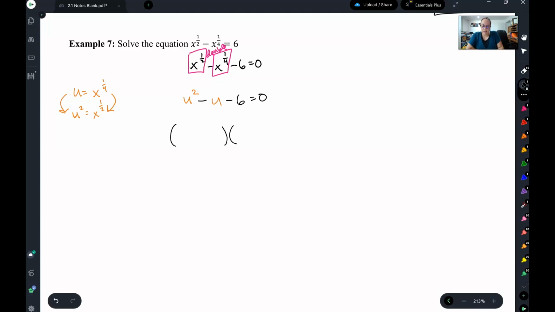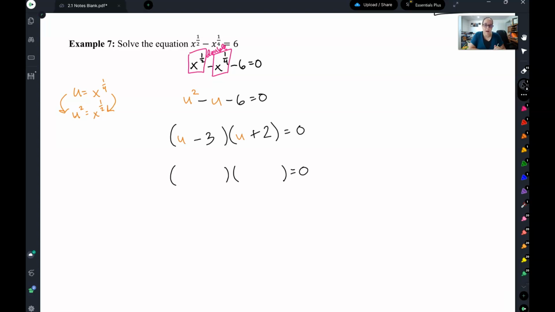This is our easier method of factoring because we don't have anything in front of the u squared. So I just need to multiply to negative 6 and add to negative 1. So it looks like that's going to be negative 3 and plus 2. Now that I am all factored, I can change the u's back because they served their purpose.